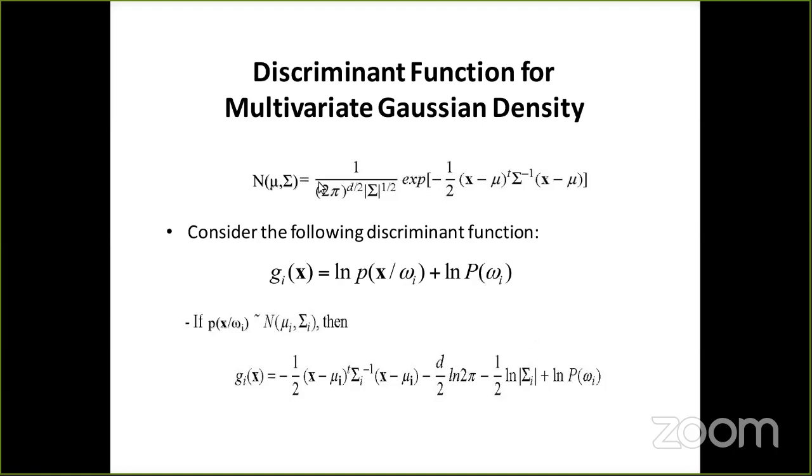Essentially, this normal is modeling our likelihood: p of x given omega is modeled using this Gaussian. Then we have our prior, and if we multiply the prior and the likelihood, we get the posterior, and we are taking a log to simplify our calculation.